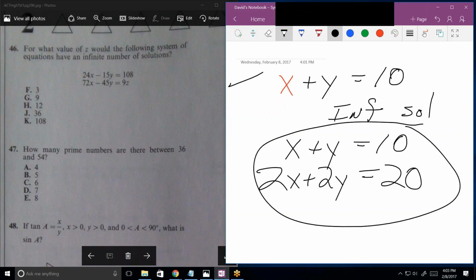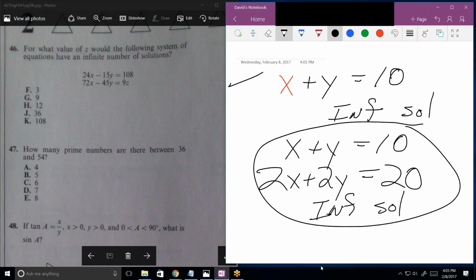So right off the get-go, you might think, well, I'm going to come up with one solution. But notice the second equation is the same as the first equation. It's not any different. It's just a multiple of 2. So I haven't really added any information, which means I still have an infinite number of solutions.